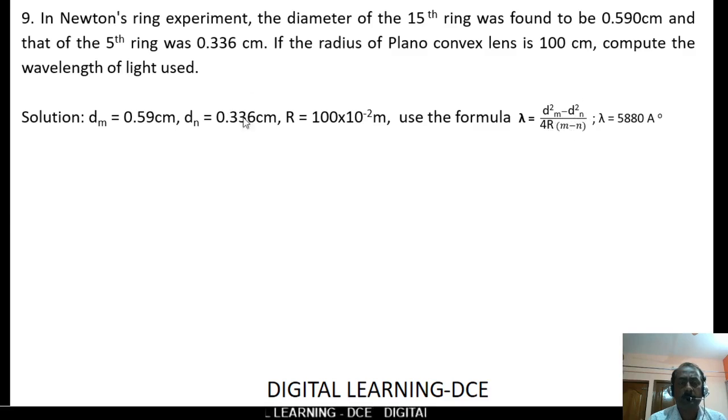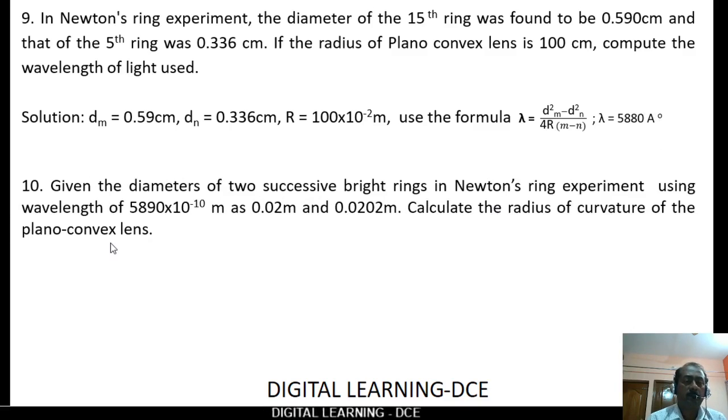Here m stands for the 15th ring and n stands for the 5th ring, so 15 minus 5 means 10. Substituting the data, you finally get the wavelength of light as 5880 angstrom.